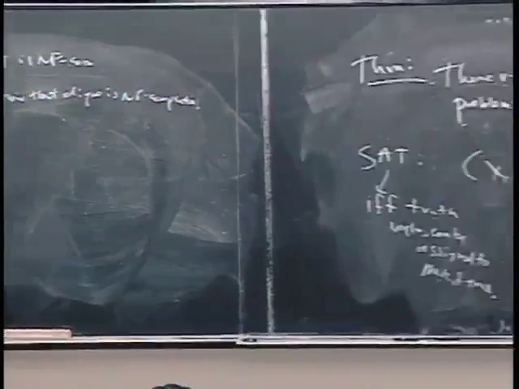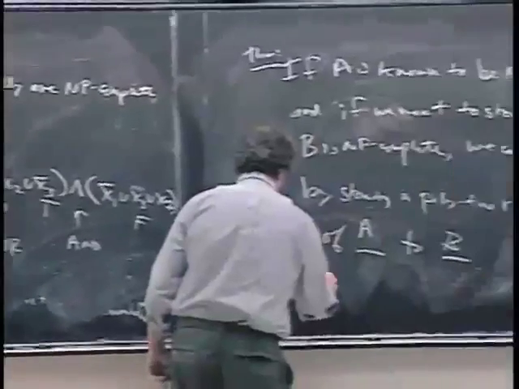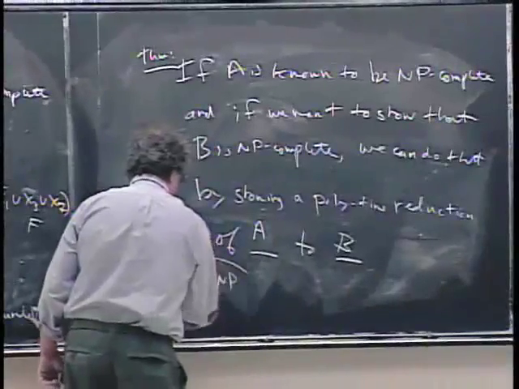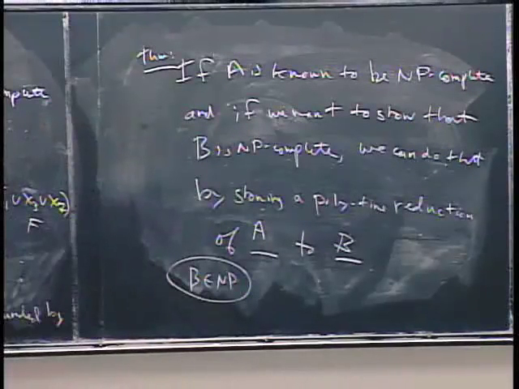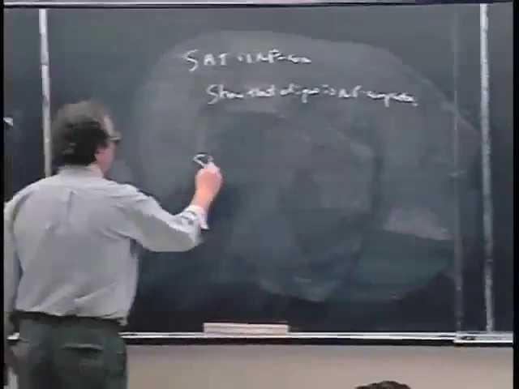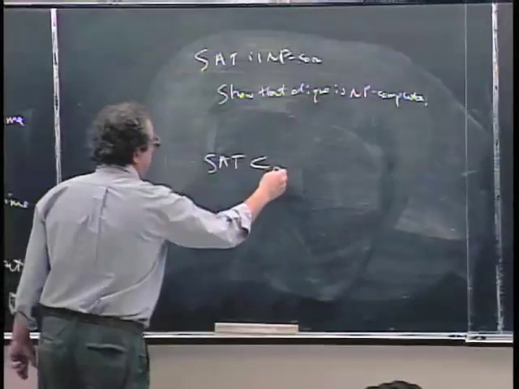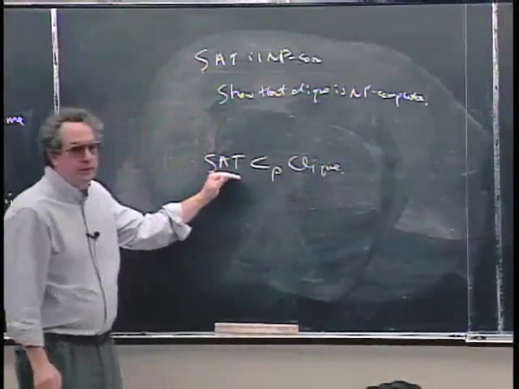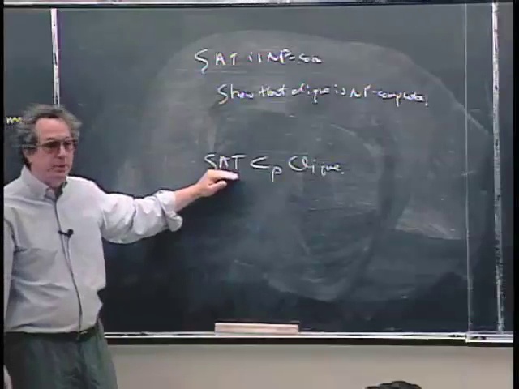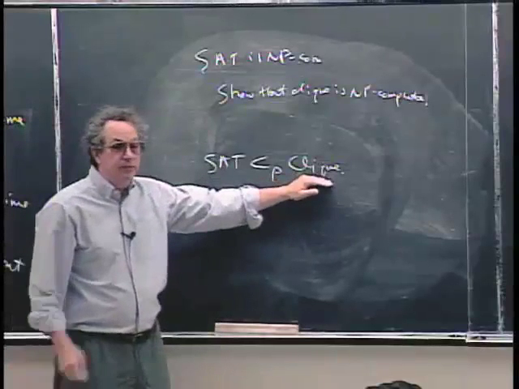We also have to show here, by the way, that B is contained in NP. That's the trivial part of the proof when you want to show a new problem is NP-complete. SAT is NP-complete. We want to show that clique is NP-complete, so we want to reduce SAT in polynomial time to clique. So the input here is a Boolean expression. The input there is a graph and some target.